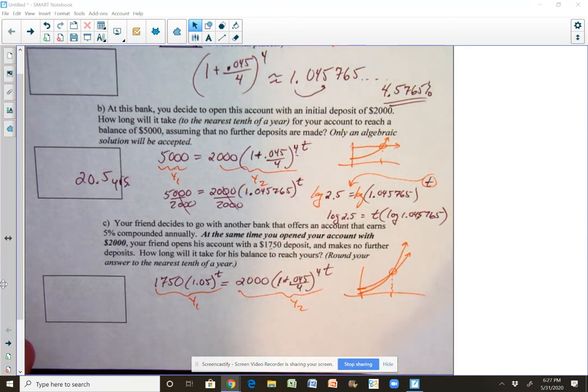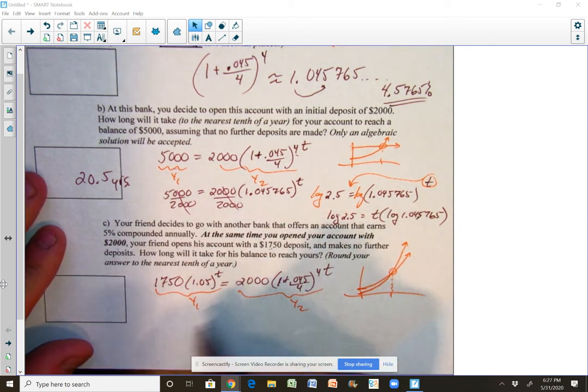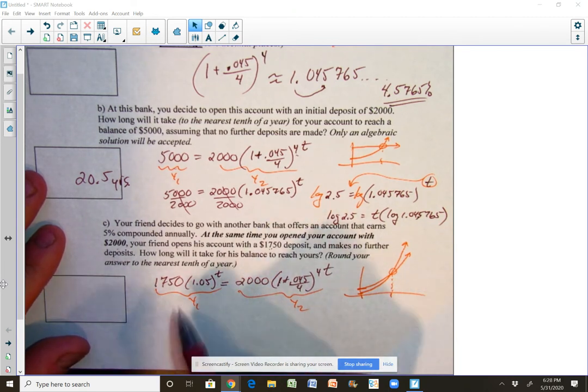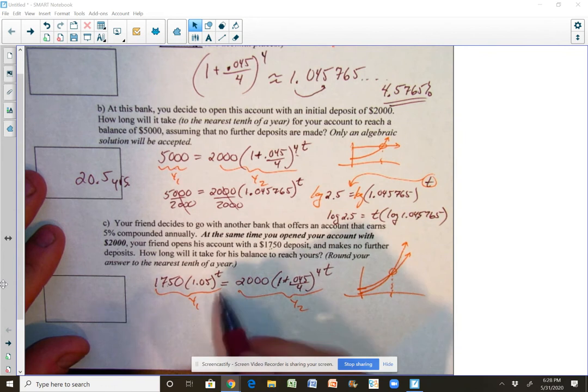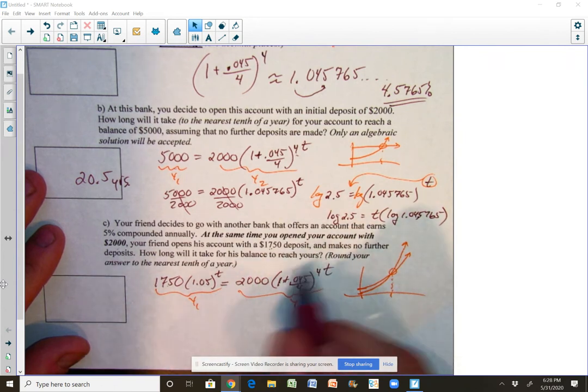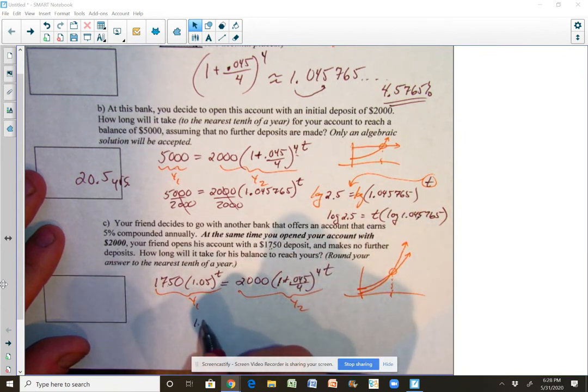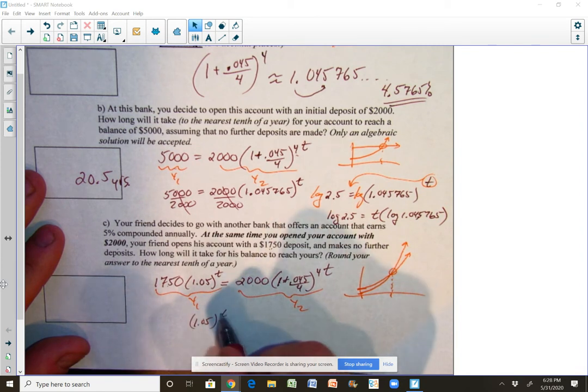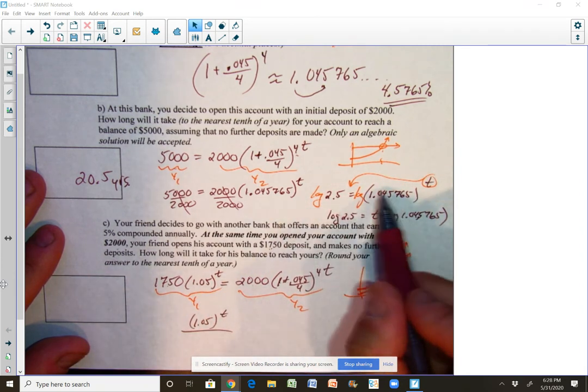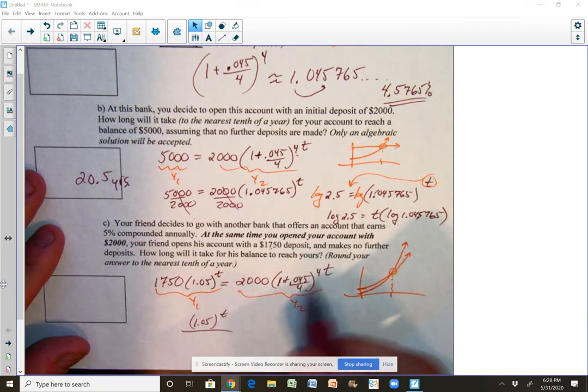The algebraic way is to set up and get the coefficients to the same side. So I'm going to divide the 1750 over, and I'm going to divide this number right here over to that. So we have 1.05 to the t divided by, and I'm going to use the one singular number for that base instead of all of it to the fourth.